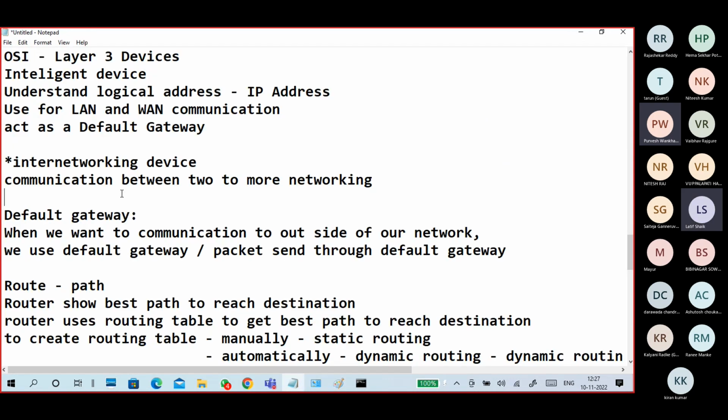Some ISPs are renting the line, some ISPs have their own line. For example, BSNL and Jio have their own lines. Airtel doesn't have any lines, so Airtel has to take rent. Jio is not new, guys.